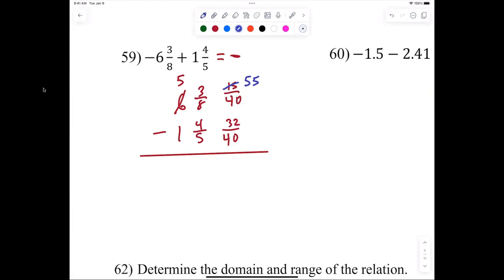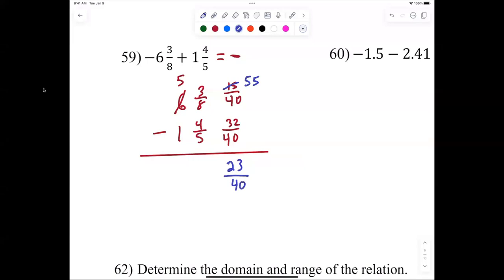Now we can subtract. And when we subtract, we get what? How much? What I'm asking you is what 55 minus 32 is. 23 out of 40.